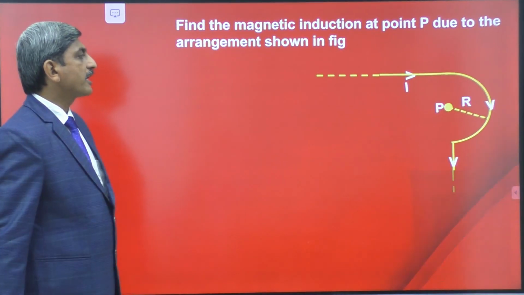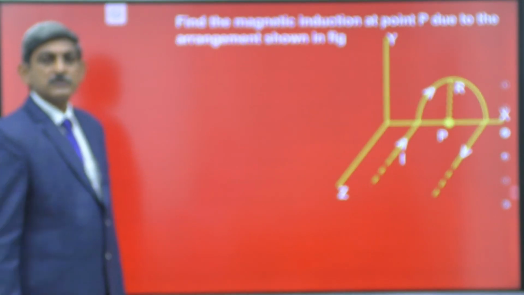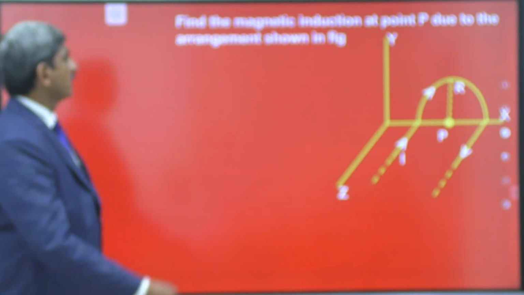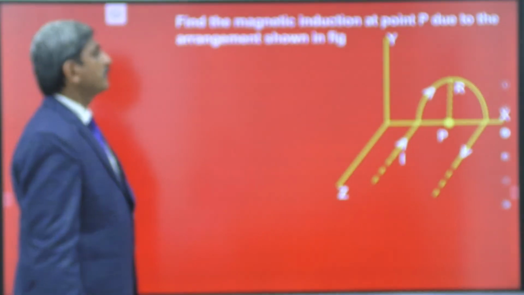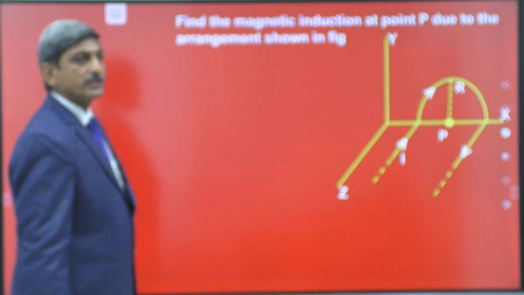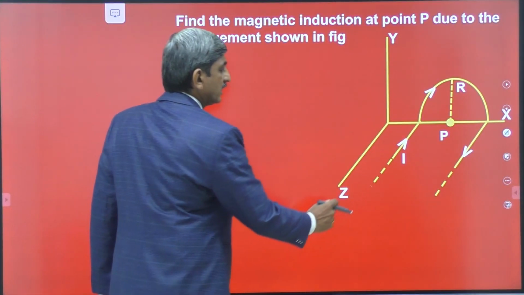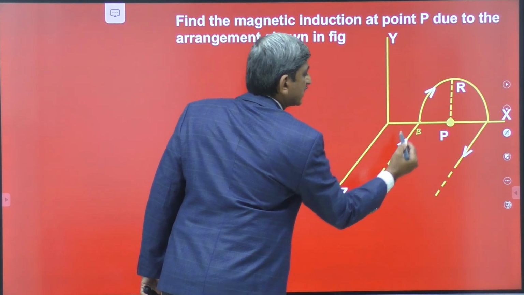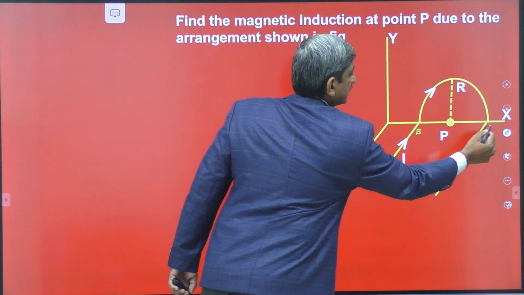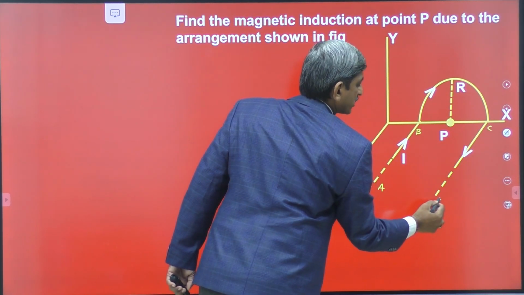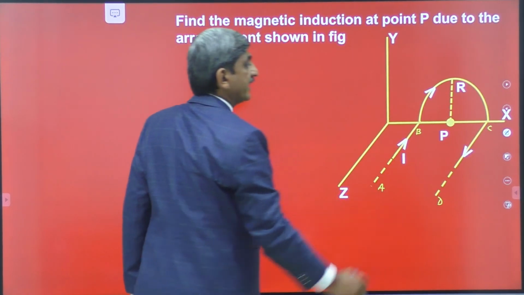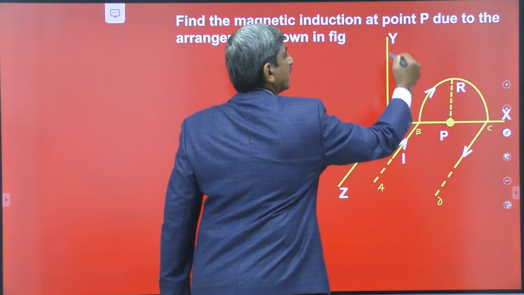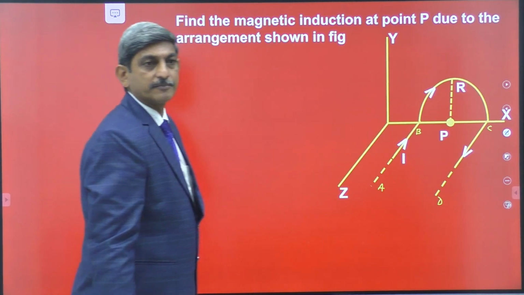And finally, I am going to explain one more problem in which the field is produced in a three-dimensional way. Find the magnetic induction at point P due to the arrangement shown in the figure. Here, this AB portion is located in the XZ plane, and this CD portion is also located in the XZ plane, but this BC semicircular arc is located in the XY plane.